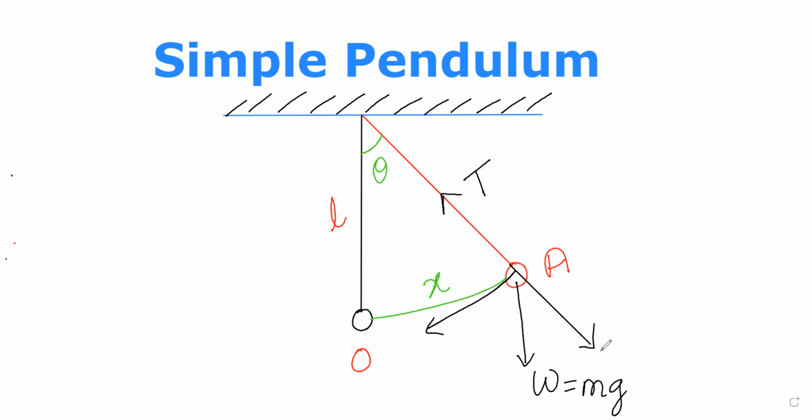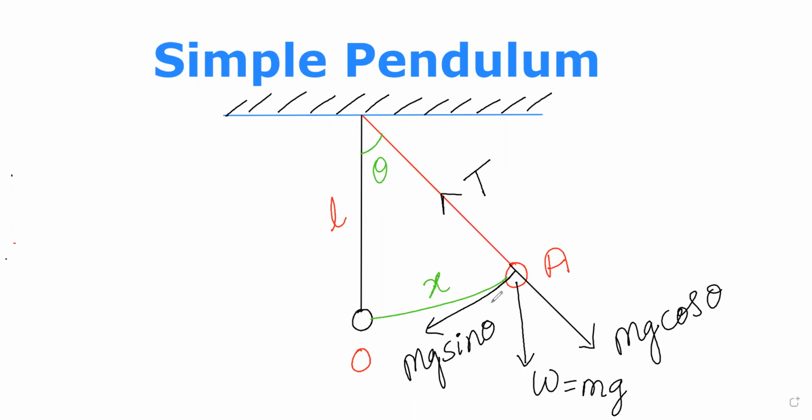This is balanced by mg cos theta. Another force acts in this direction, mg sin theta. So W is split into two rectangular components, mg cos theta and mg sin theta.